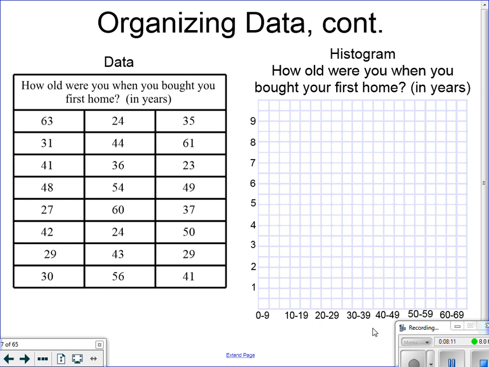If you try to do this with your raw data off of this, it's going to be very time consuming to do that. So again, look at your frequency table to make your histogram, because that will make it very easy.